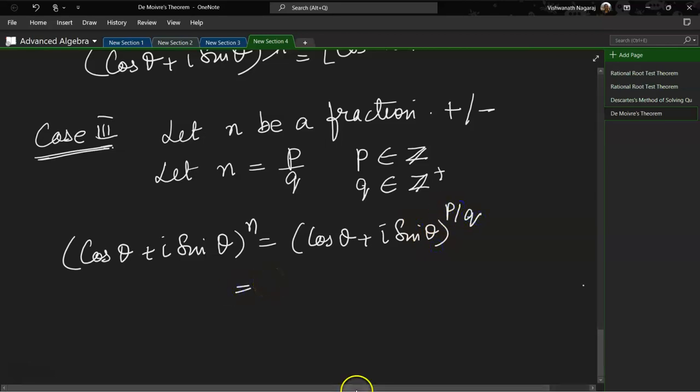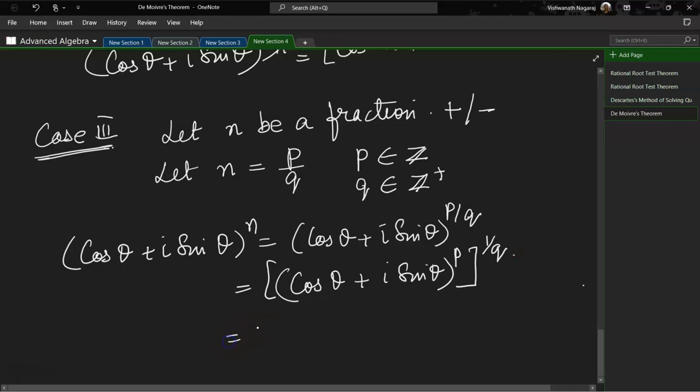Just keep applying the first case. What do we get? (cos theta plus i sin theta) to the power of p to the power of 1 by q, which would be equal to (cos p theta plus i sin p theta) to the power of 1 by q.